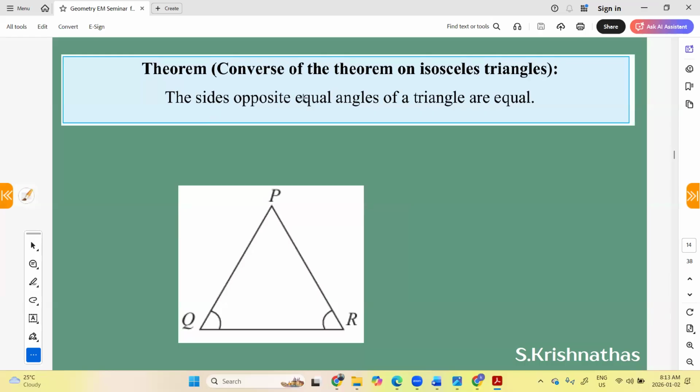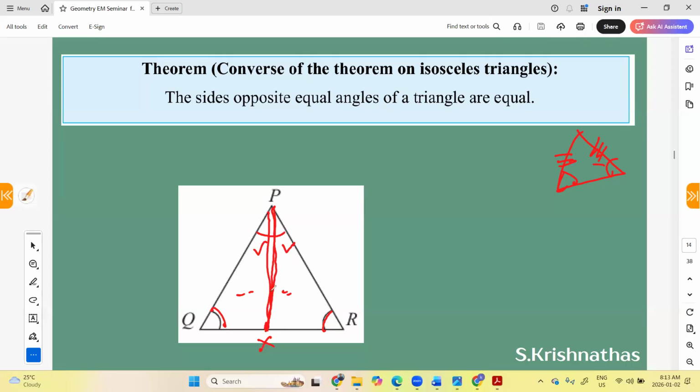The sides opposite equal angles of a triangle are equal. If two angles are equal, these two angles are equal, the opposite sides are also equal. The proof is the same, students. The angular bisector of angle QPR meets QR at X. Then this angle equals this angle, and this side equals this side.